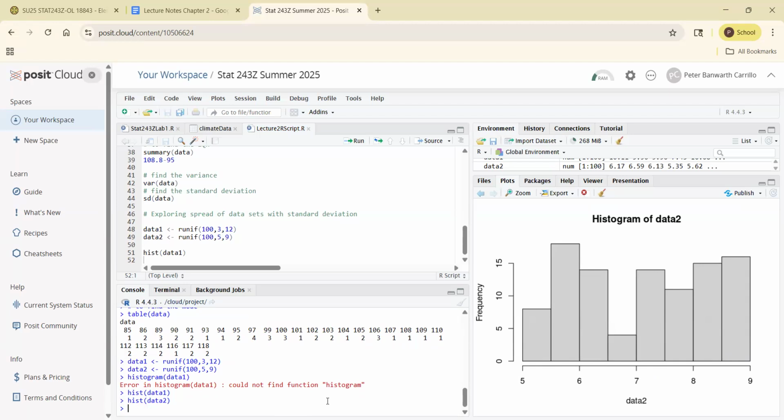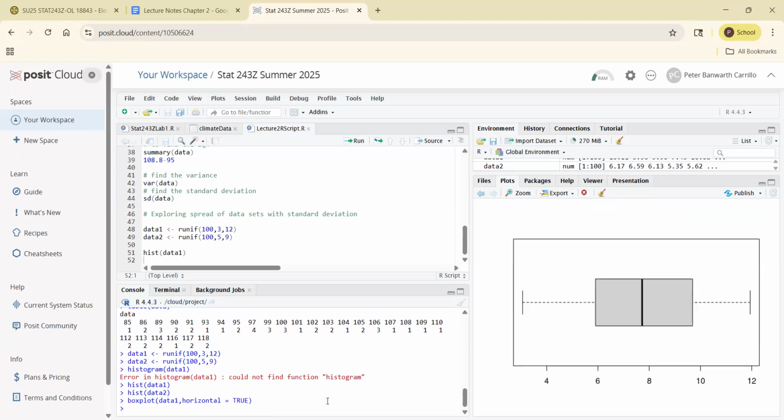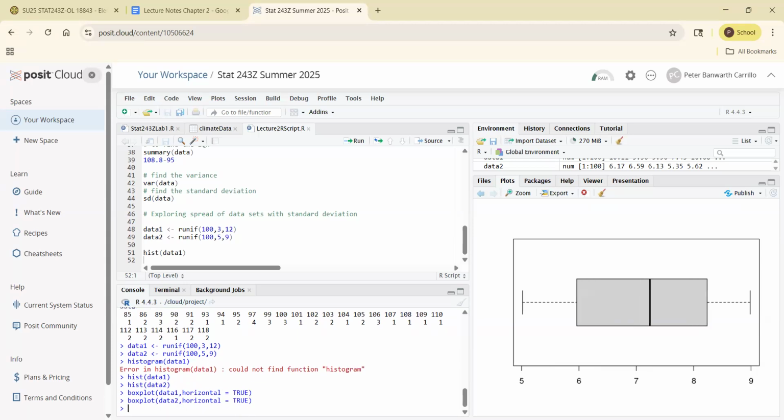If I wanted to get some 5-number summaries, I could look at the box plot of data 1. Yeah, pretty symmetric, right? These whiskers are about the same size. Each side of the box is roughly the same. This data is also symmetric, but the boxes are bigger, but the left side and the right side are roughly the same size.